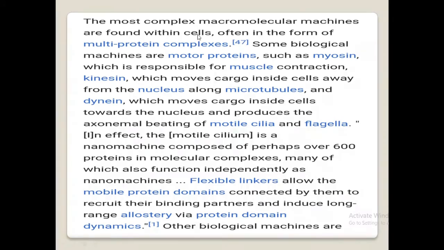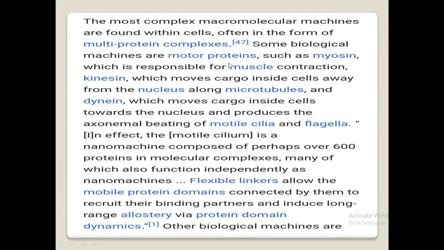The most complex macromolecular machines are found within cells. They are called biological nanomachines, often in the form of multi-protein complexes. You can find a lot of multi-protein complexes inside the cell, and they are all molecular machines. Some biological machines present inside the cell are called motor proteins.